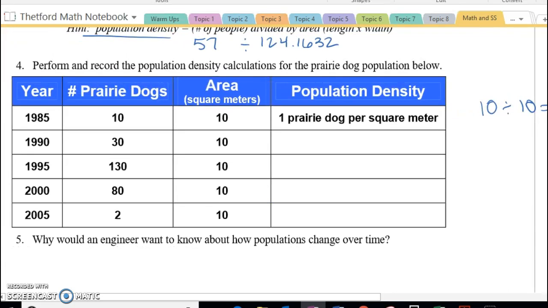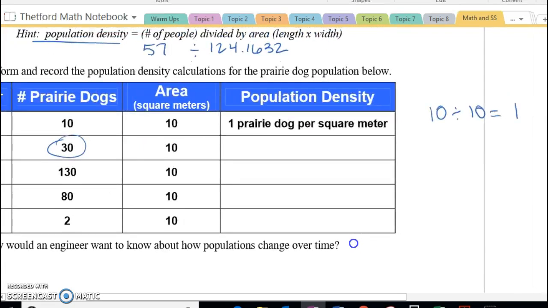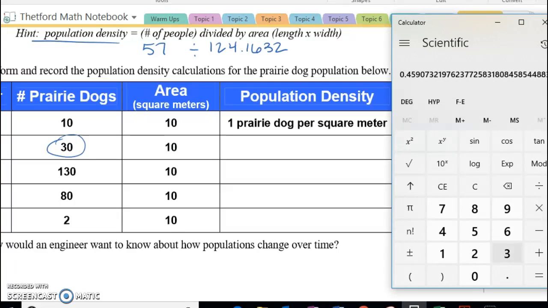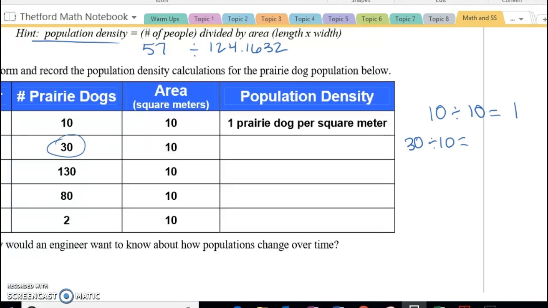So in 1990, we had 30 prairie dogs, and our area was 10 meters still. And so now we're going to do 30 divided by 10 meters, and that gives us 3.